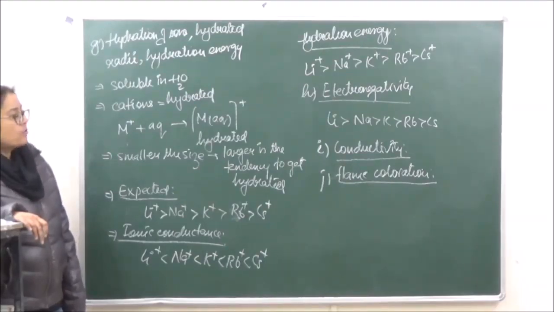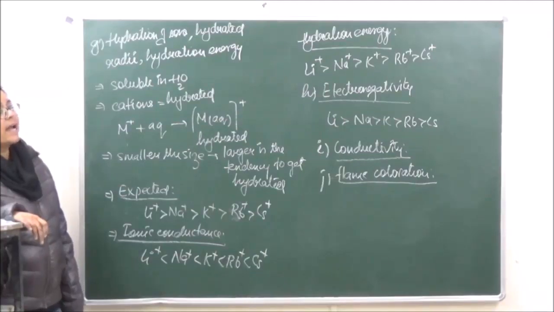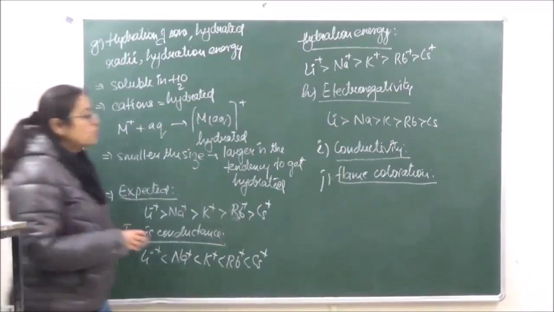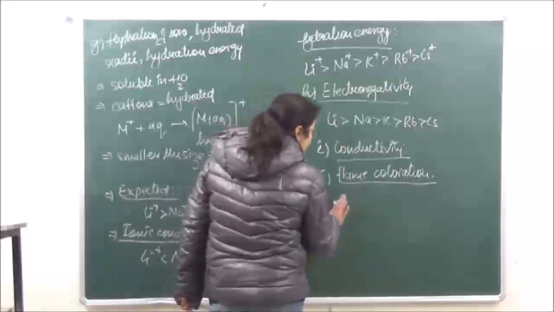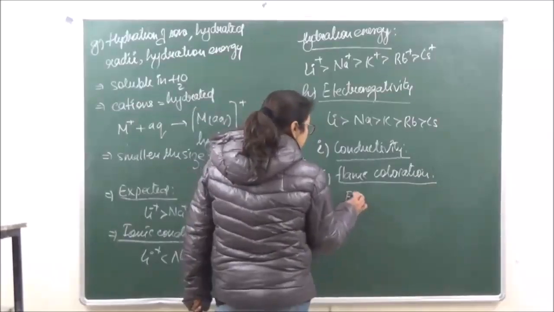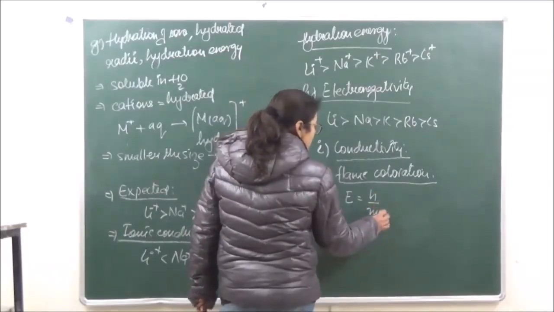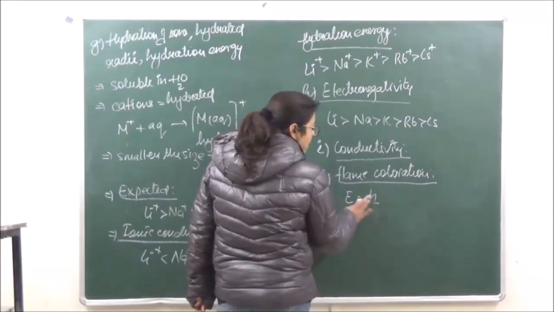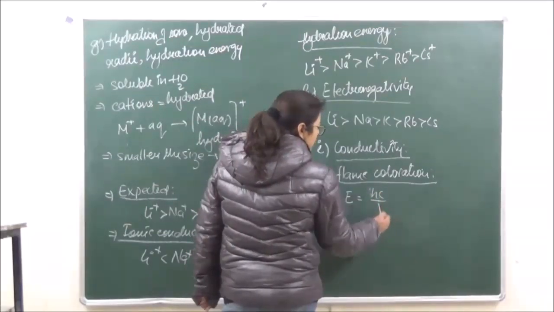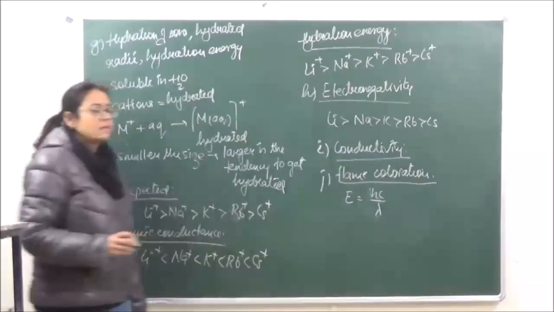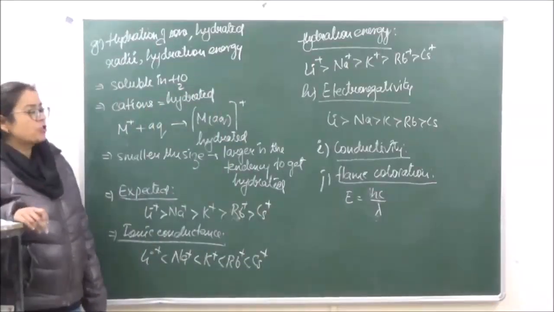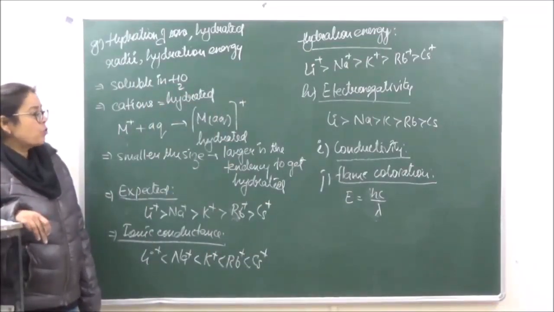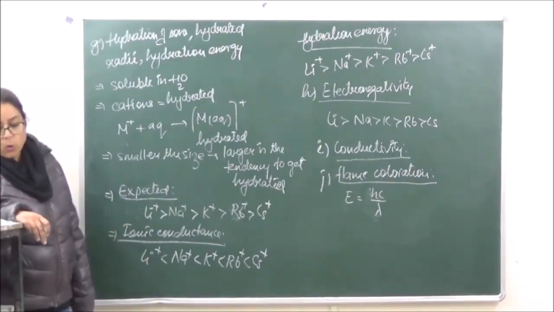Okay, so when we are talking of lithium, lithium has a very high ionization energy. So you know again that energy is equal to hc upon lambda. So energy is inversely proportional to lambda. If the energy is going to be high, the wavelength emitted is going to be low, right?